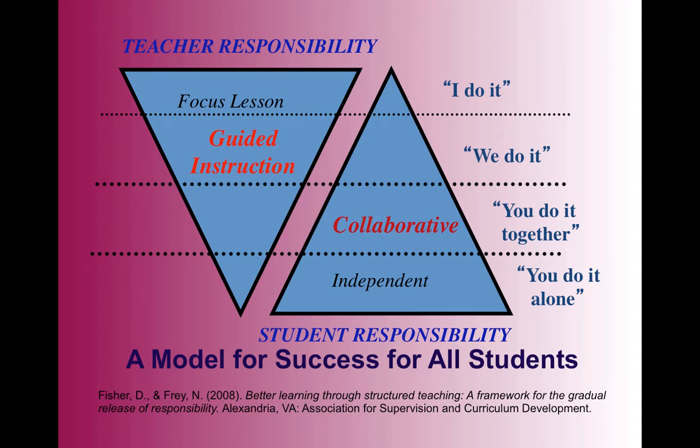And the students are working together to collaborate. After the collaboration, the students practice the skill or strategy, whatever you're trying to do, by themselves. So that's the model for success for all students. Notice the key point here is all.